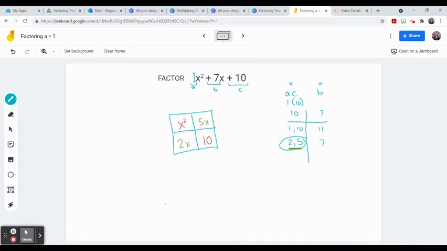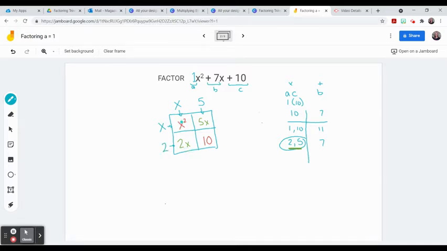We want a common factor of x squared and 2x, and that would be just x. A common factor of 5x and 10, which would be 5. A common factor of x squared and 5x would be x, and a common factor of 2x and 10 would be 2. So check this out.